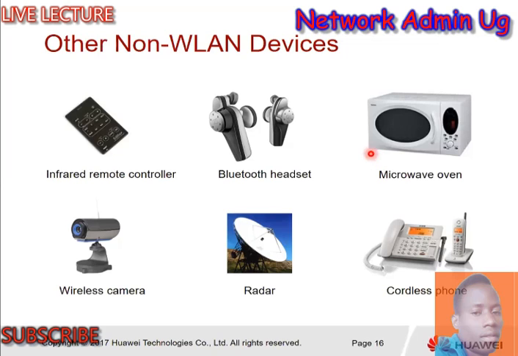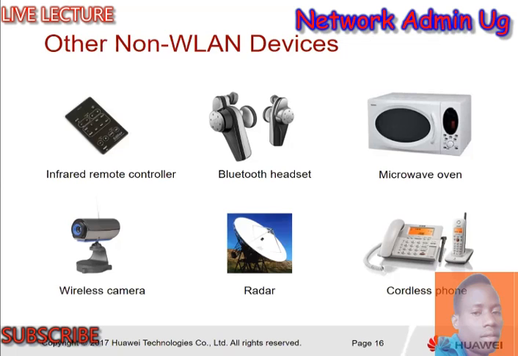such as a cordless phone here that now has the capability of using the 5 gigahertz. The radars have also started to use the space because there is a need to free up some space that is much more congested in the 2.4 frequency band, and yet there is much more space within the 5 gigahertz frequency band.